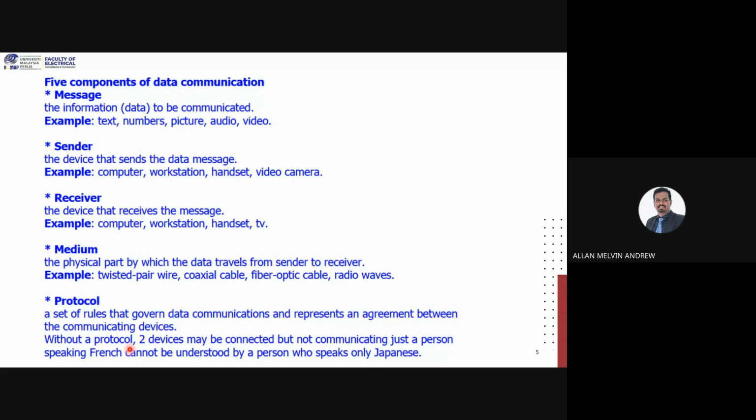When both of them read the instruction, they understand: instead of talking in Japanese, I need to talk in English. English is a universal language, so it can be understood and the communication can happen. That is the function of a protocol.